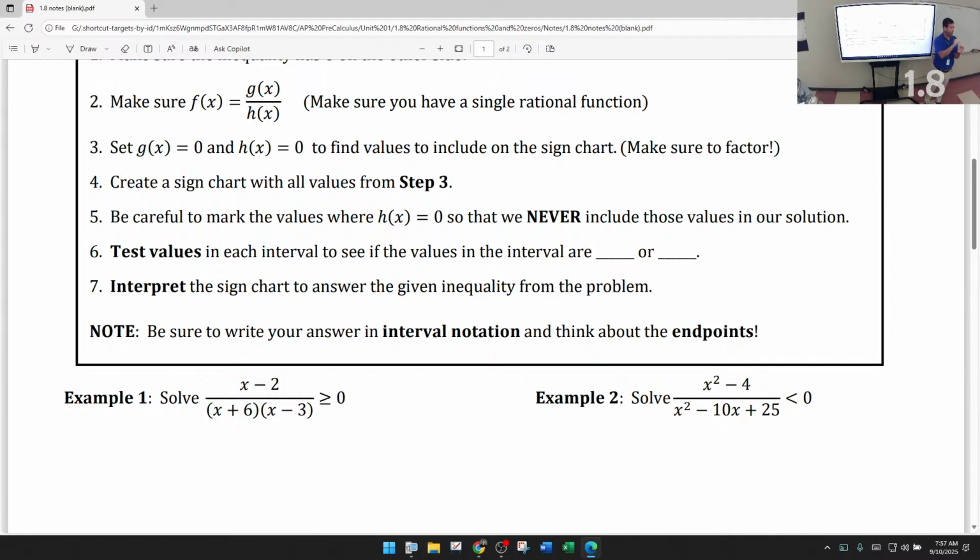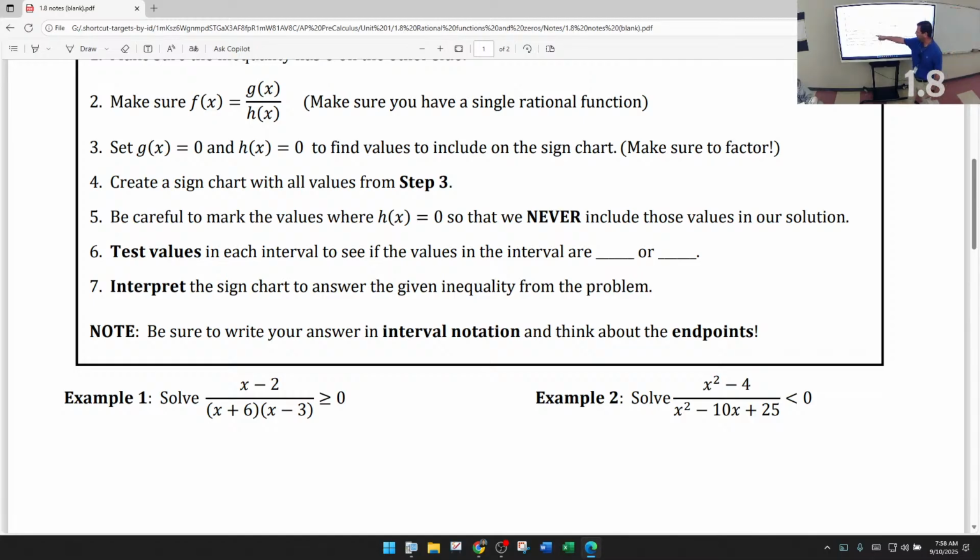They'll never have a bracket, no matter if it's equal to, less than, whatever it might be. Because if you hit a bracket, that says it's okay to be that number, and it can't be, because that gives me 0 on the bottom. So do your little something to keep it in your head that, ooh, that's the h, that's the bottom, that's bad. Test values on each interval, just like you did for 1.5, and see if they're positive or negative.